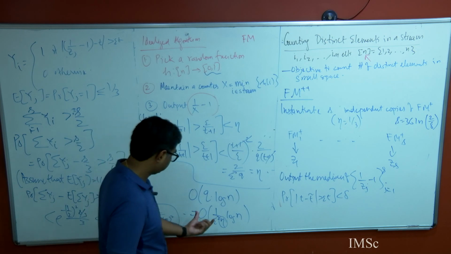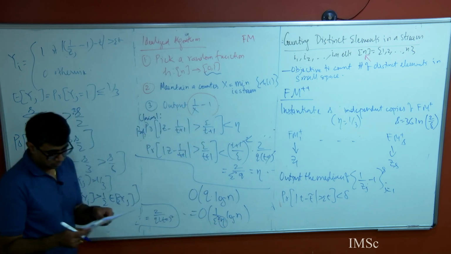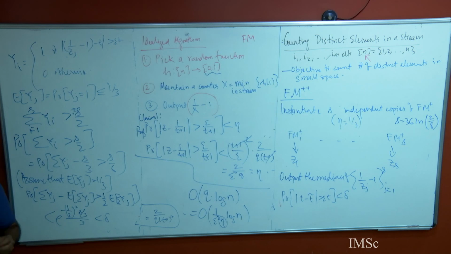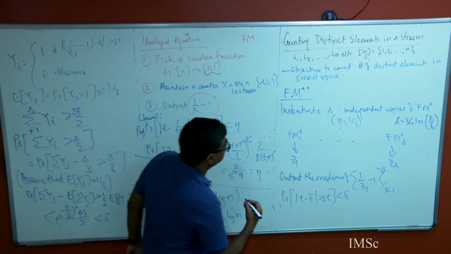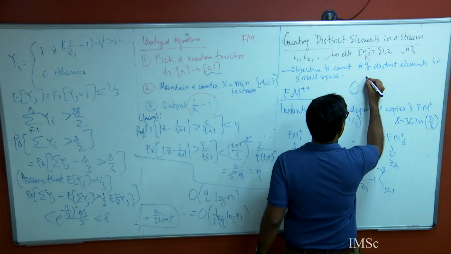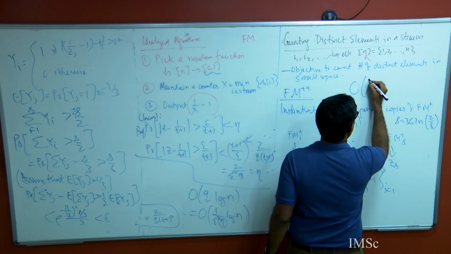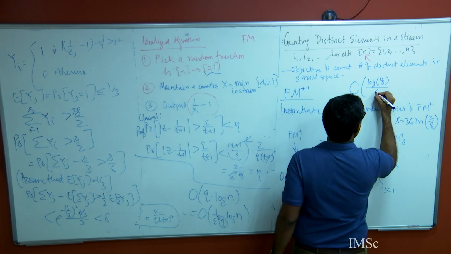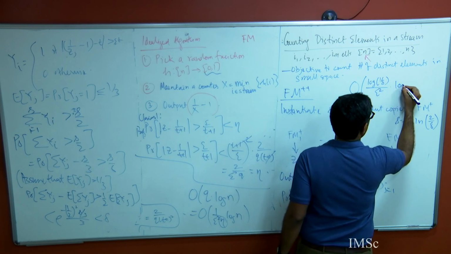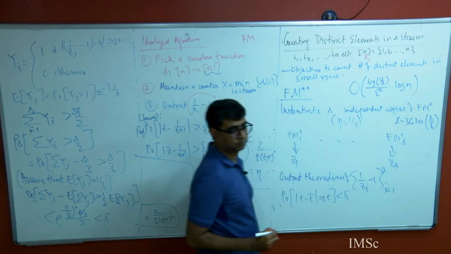Okay. So the total space of this algorithm is going to be Fm plus plus, order log 1 over delta times epsilon square times log n.